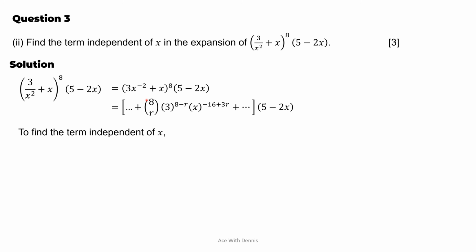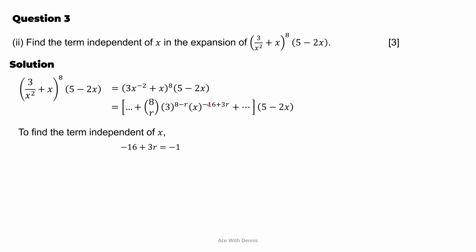We also know that in part 1 there is no independent term. So in order to have a term that is independent of x, there is only one combination, which is this general term multiplied with negative 2x. It cannot multiply with the 5 because it won't get any term that is independent of x.